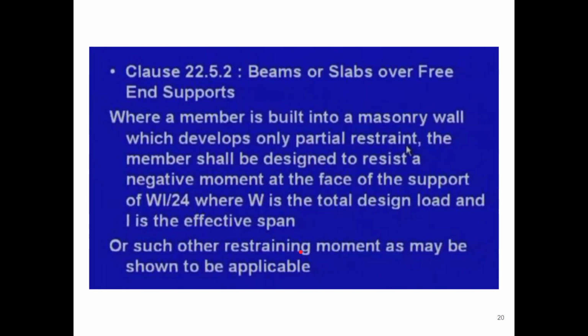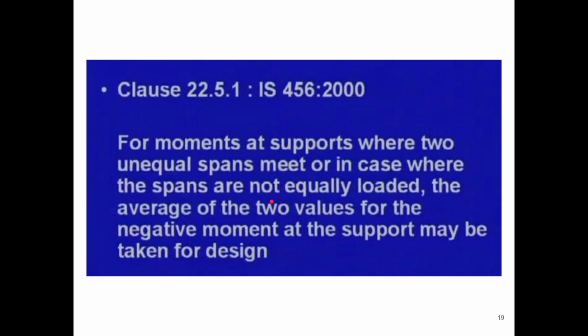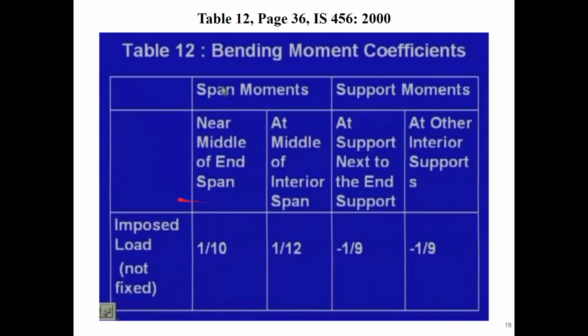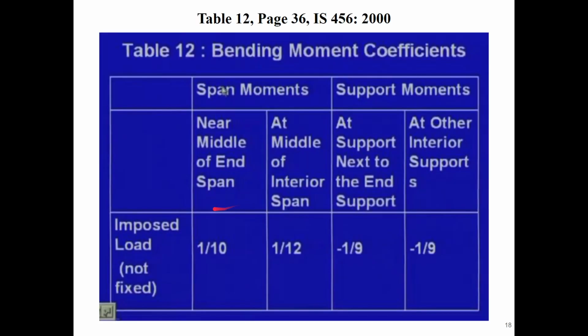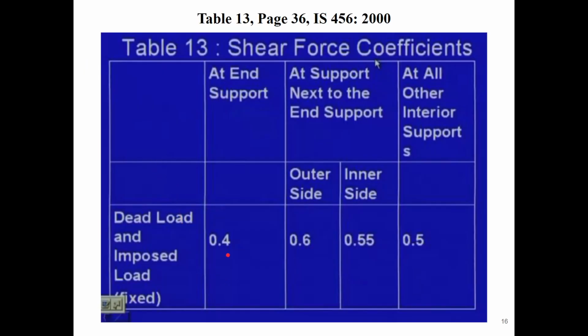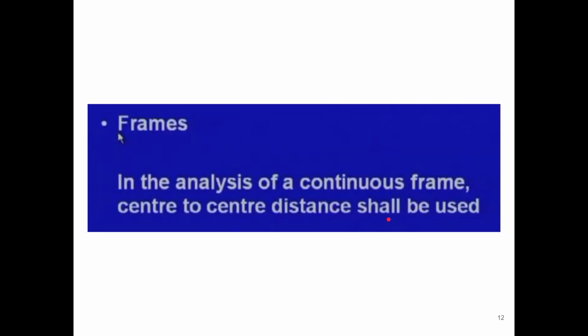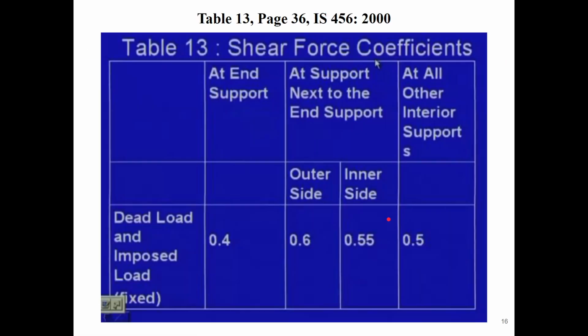So for a free end support case, that is for a masonry wall case where a member is built into a masonry wall, the moment coefficient at the face of the support will be 1 by 24, and the shear coefficient will be this one, 0.4, plus 0.05.